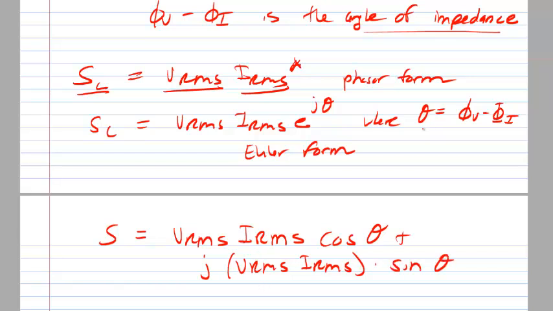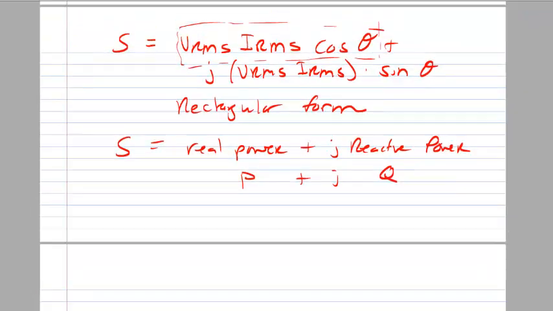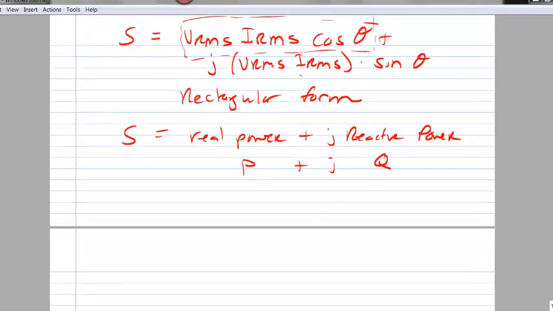And again, theta is the difference of phase. If we put this in rectangular form, we have defined two other components of power. Our complex power has the real portion, which has the cosine of theta, and the reactive portion, the imaginary, which is from the sine of theta.